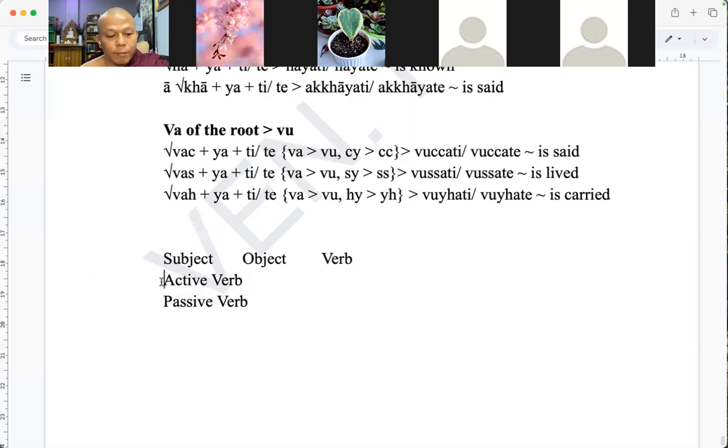If the verb is active, at that time its subject will be with the nominative case, and the object will be with the accusative case.